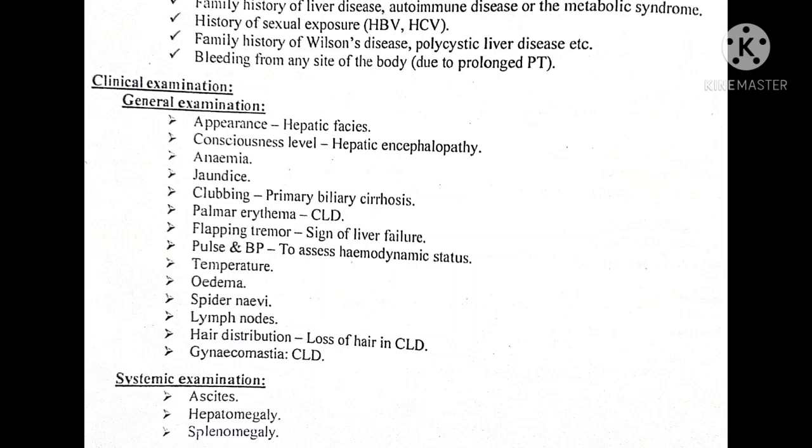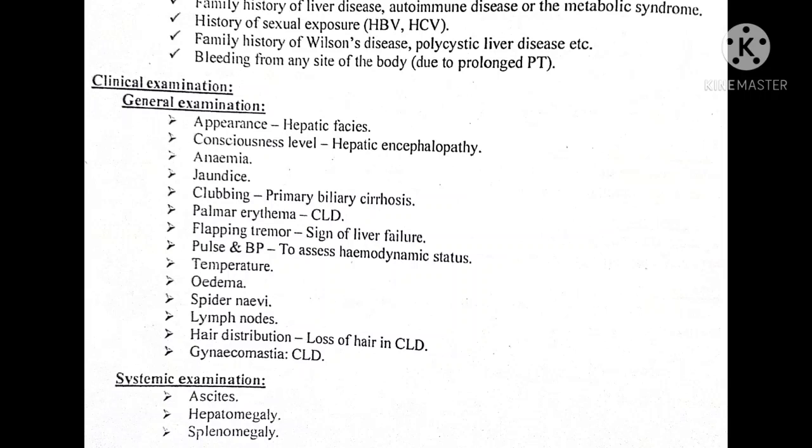In general examination, we look for the appearance, which shows hepatic facies. Then consciousness level decreases in hepatic encephalopathy. Then anemia, jaundice may be present. Clubbing is present in primary biliary cirrhosis. Palmar erythema is present in chronic liver disease.